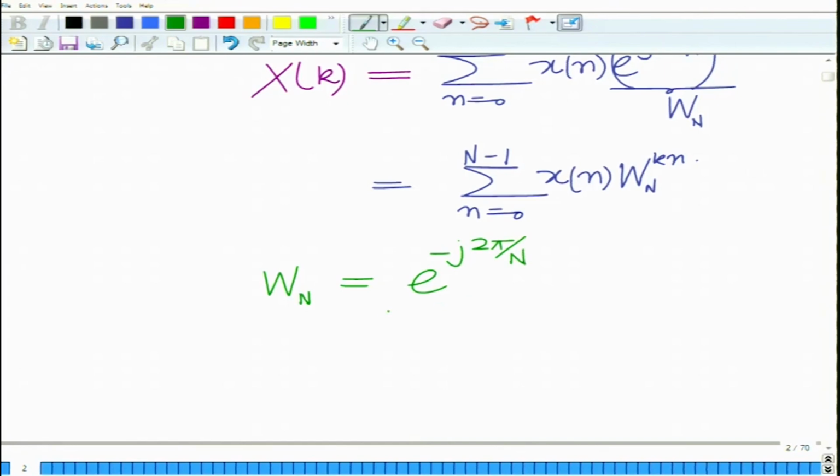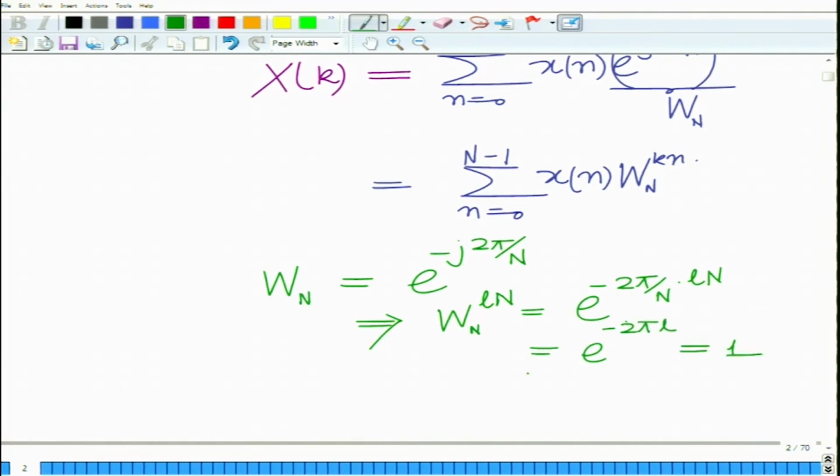Note that W_N equals e raised to minus j 2 pi over N, and this is a fundamental quantity. Also note that W_N to the power of any integer, let us say L times N, equals e to the power of minus j 2 pi over N into L N, which is e raised to minus j 2 pi L, which is equal to 1.